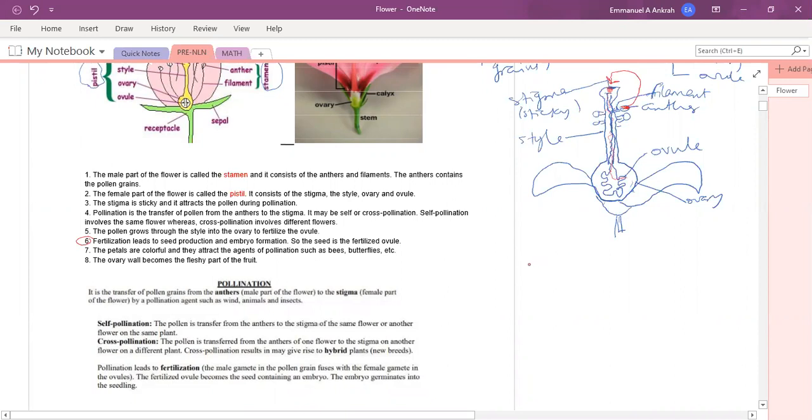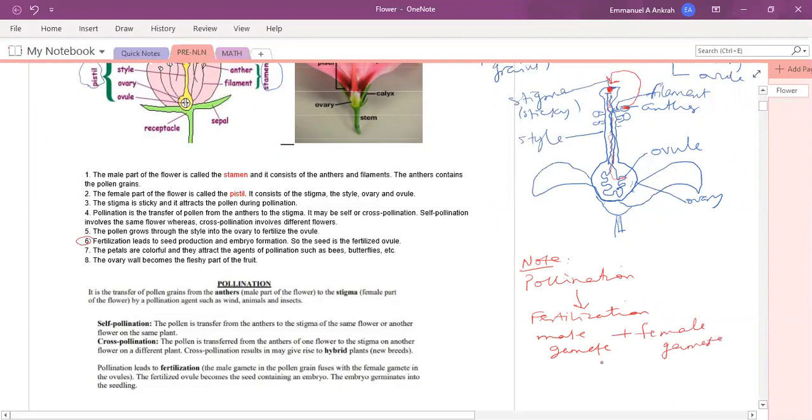Once you have fertilization, you have an embryo. So let's write a little note for ourselves. I think I have it somewhere in the notes too. So pollination will lead to fertilization, because it's a male gamete that will fuse with the female gamete.